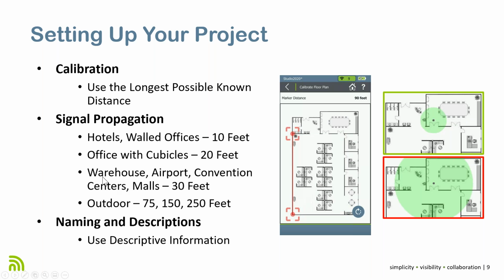Another example, let's say you're doing a survey at a warehouse, an airport, a convention center, or a mall, basically a fairly open area. Sure, there's equipment, there are little stands, there are chairs where people sit and stuff like that, but it's fairly open, or more open than an office with walls. So you could increase your propagation to 30 feet.